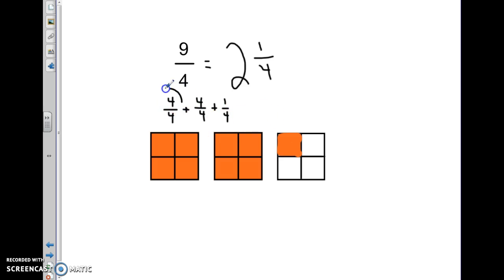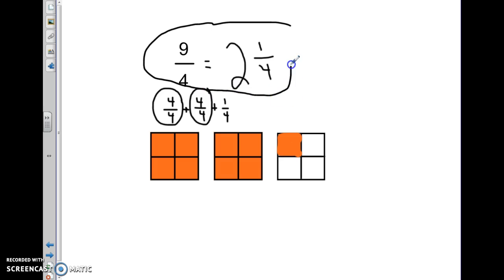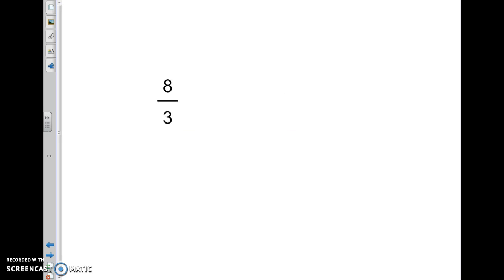Well, each of these, like I said earlier, every time you have a fraction where the number on top and the bottom is the same, equals 1 whole. So we've got 1 whole, another 1 whole, so we've got 2 and 1/4. So that is how you can change an improper fraction to a mixed number. And I'd like you to go ahead and give that a go with 8/3.